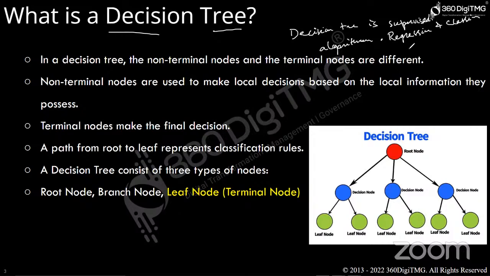So it works for both continuous values and discrete values. And it gives us prediction based on this method, rules-based method. So how does it work? Okay, let us see.